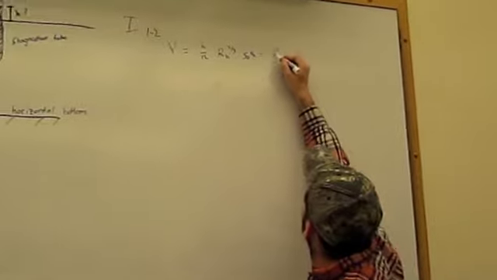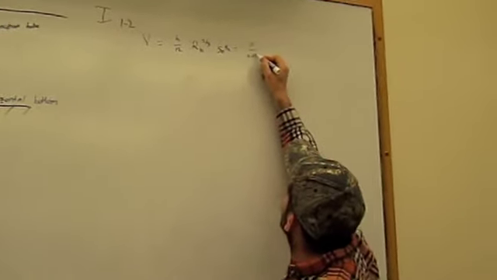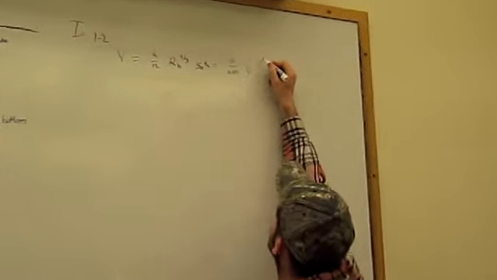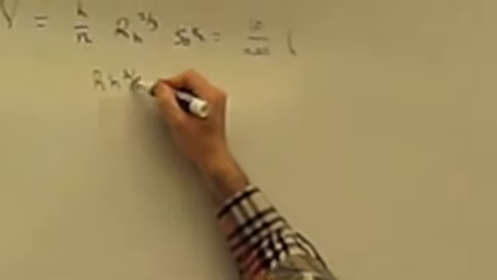K is 1.0. N is 0.011. A over P, over 2 times 0.05 meters plus 3 meters. And slope is 0.1.